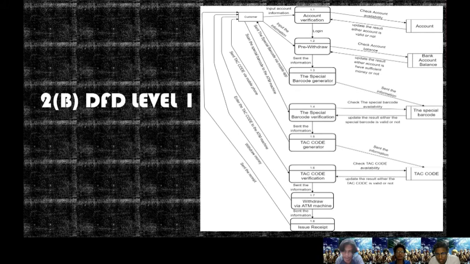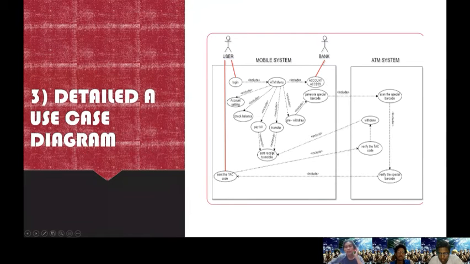With this method, the user will get a TAC code in a short period of time. The user needs to input the TAC code on the ATM screen to verify the withdrawing transaction, and then the user will get the money and can walk away with a receiptless method. Okay, next I will pass to Dinesh.